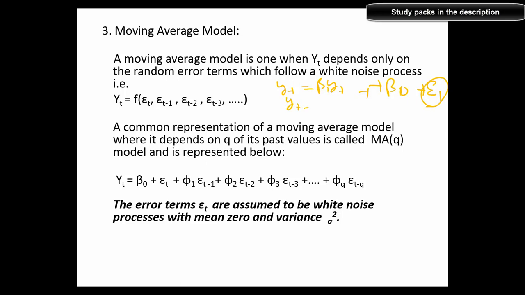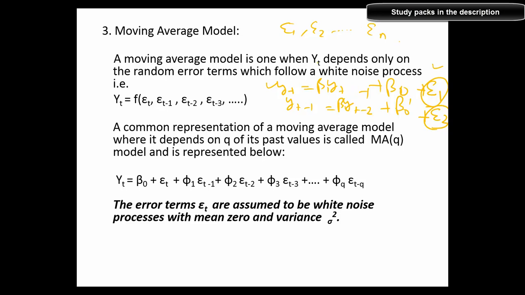Similarly, if you do yt minus 1 with yt minus 2 plus beta naught dash, you will get error term 2. So in every regression, if you regress the series with its immediate past series, then you will get an error term, epsilon 1, epsilon 2 up to epsilon n.